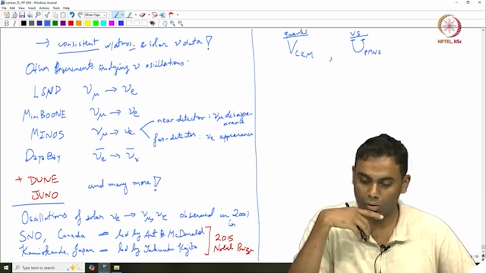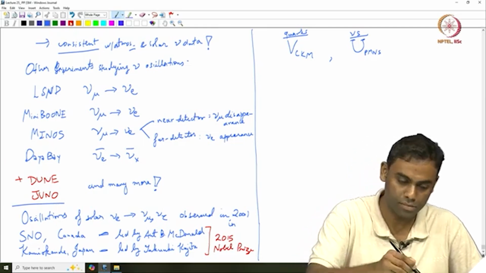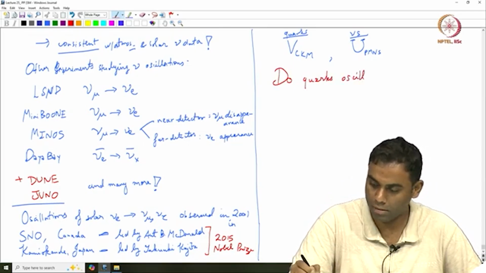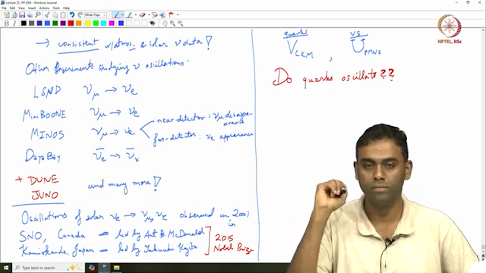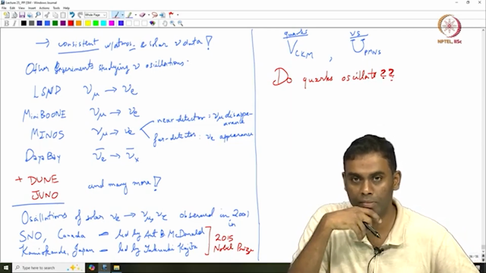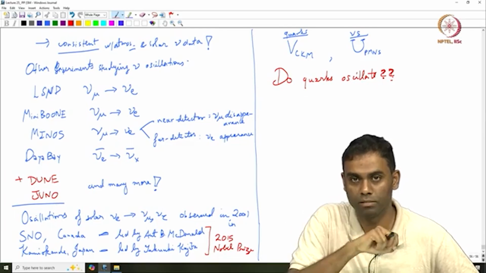So, one reverse question can now be asked: do quarks oscillate? We just saw neutrinos oscillating. What is oscillation? Mass induced flavor change, correct.